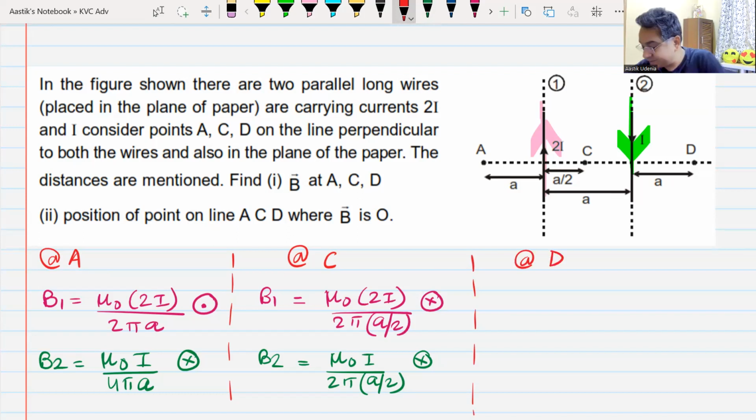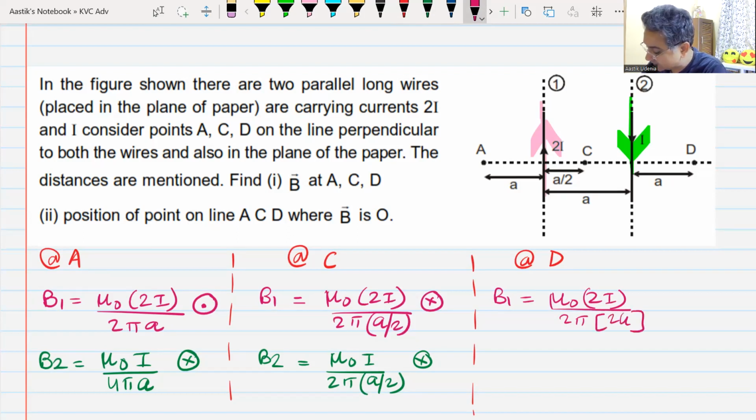At point D, what is the magnetic field B1 due to the pink wire? It is mu naught I by 2 pi a, sir. Mu naught into current 2I divided by 2 pi into distance 2a, sir.